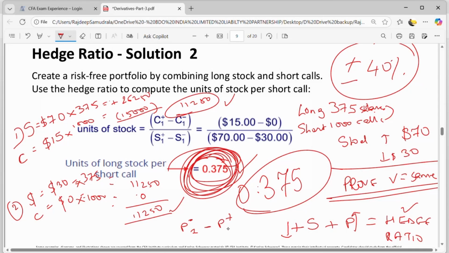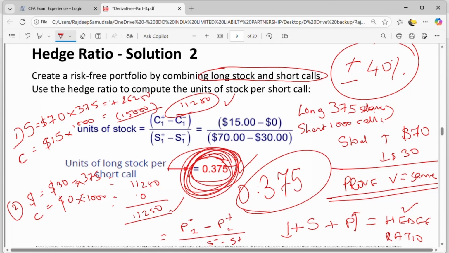Right or wrong? So the formula will be reverse: P minus and P plus, and same for stock minus and stock plus. But remember, it is for a protective put, so don't go blindly and adapt this. Long stock short call is one hedge. Long stock, long put is another hedge.